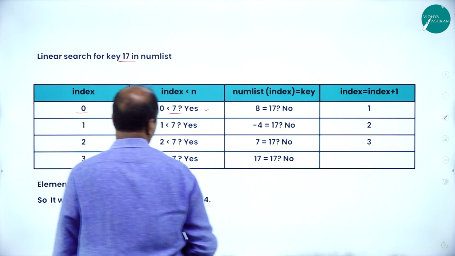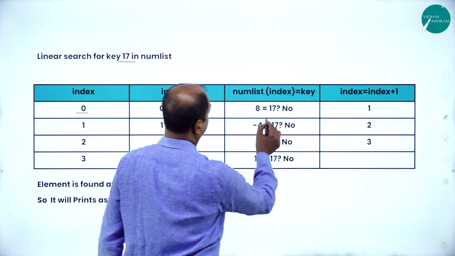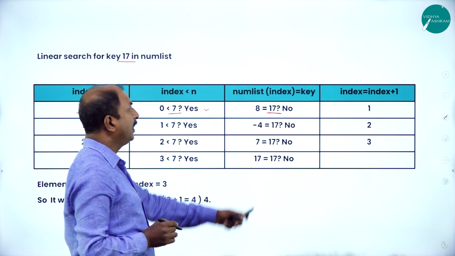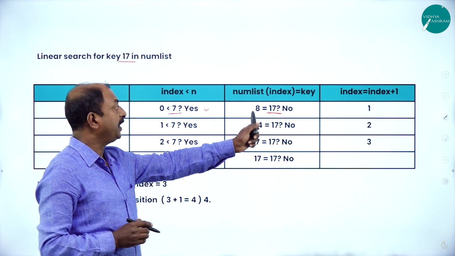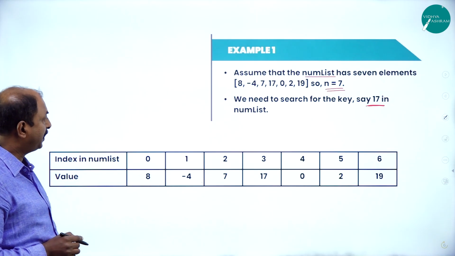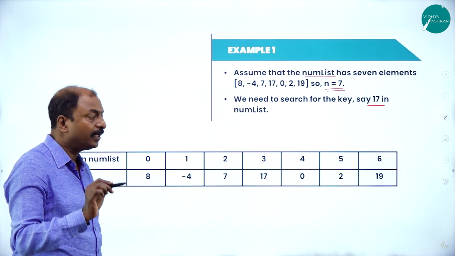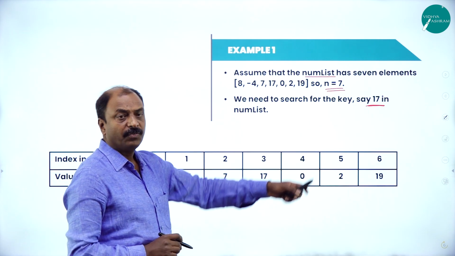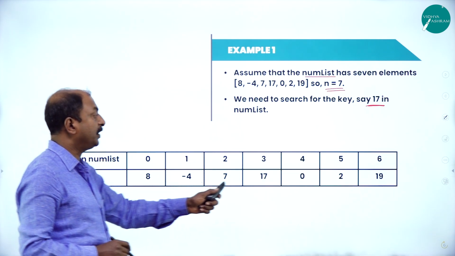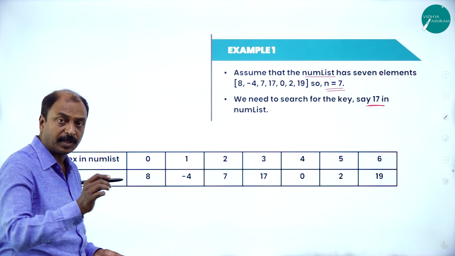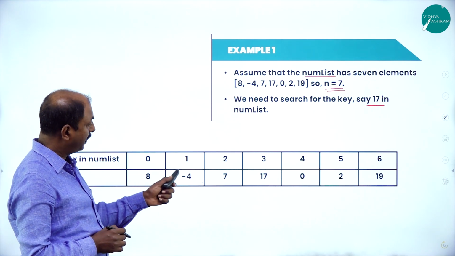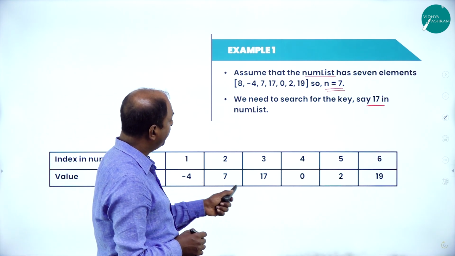So we compare the key element, which in this example is 17, with 8. As per the definition, we have to compare the given element 17 with each and every element of the given list: 17 with 8, 17 with -4, and so on.